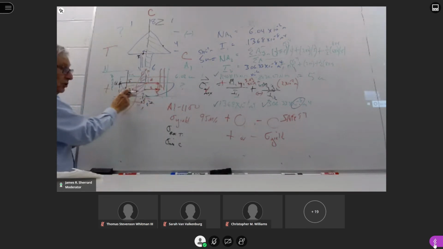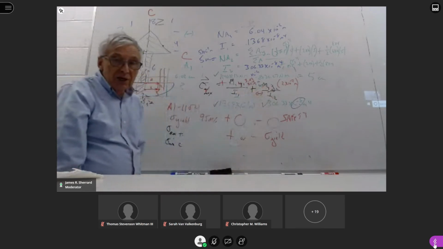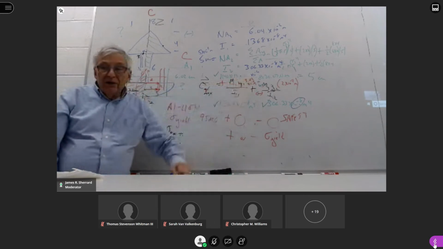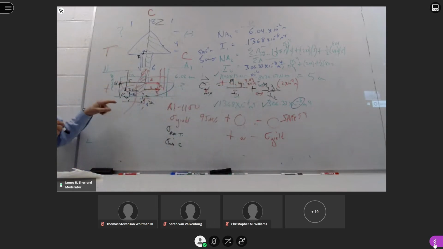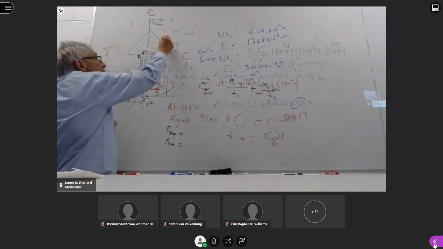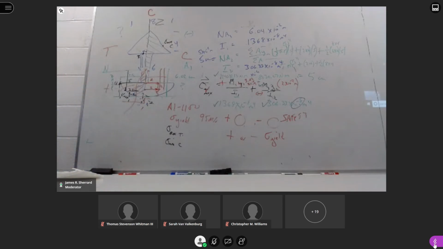So if this distance is 3.3, it's going to be 3.3. And again, this value will be plus because it's tensile. So doing this part of it is fairly easy. It's finding out where this actual point is, where the maximum value is for either compression or tension.